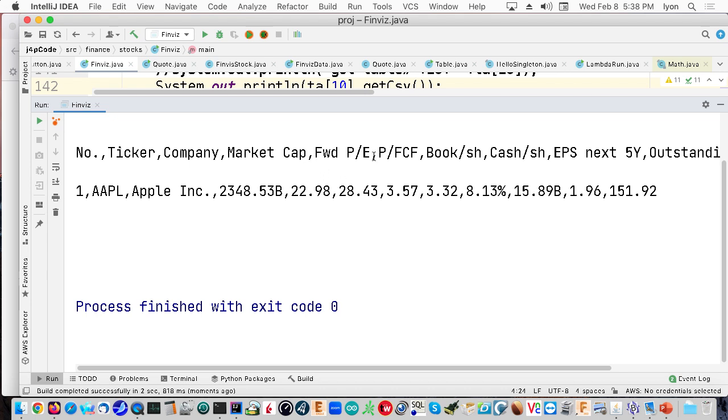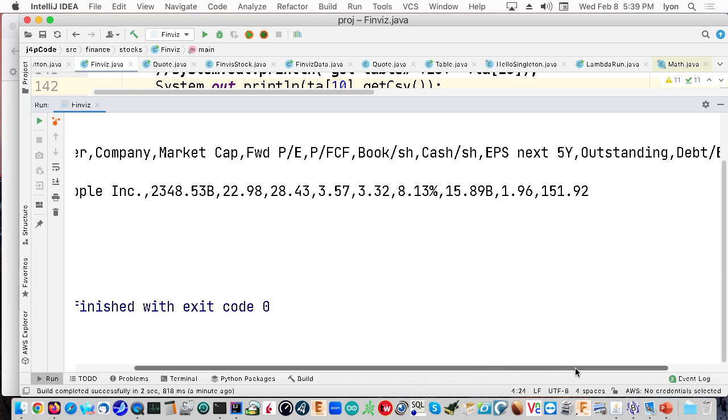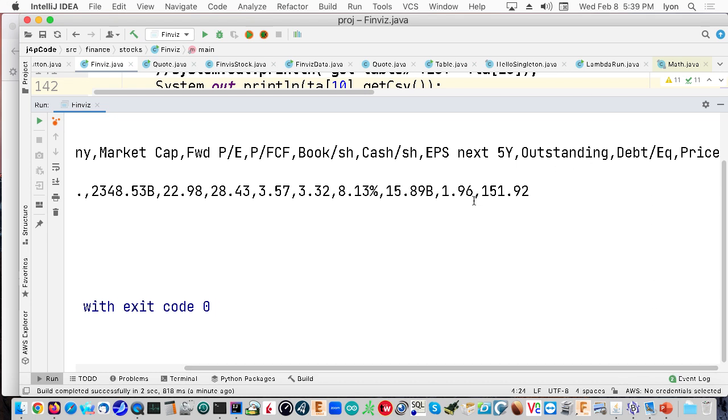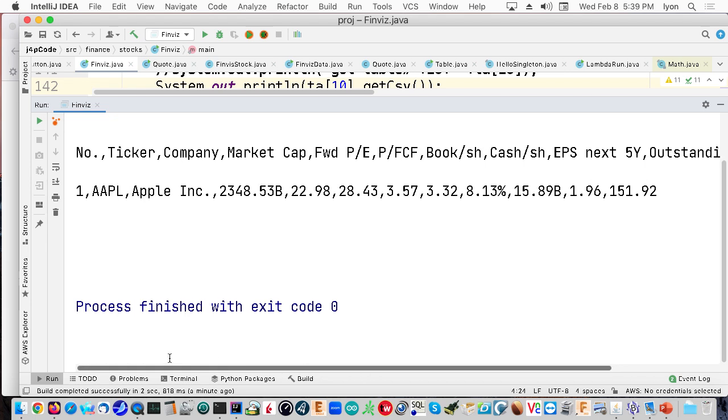Forward PE ratio, price divided by free cash flow per share, book value per share, cash per share, our earnings per share over the next 5 years as they grow 8.13%. Number of shares outstanding 15.89 billion, and the debt divided by equity, that's the debt per share divided by book value. And then here comes the price, $151.92. And that is how we get the data.